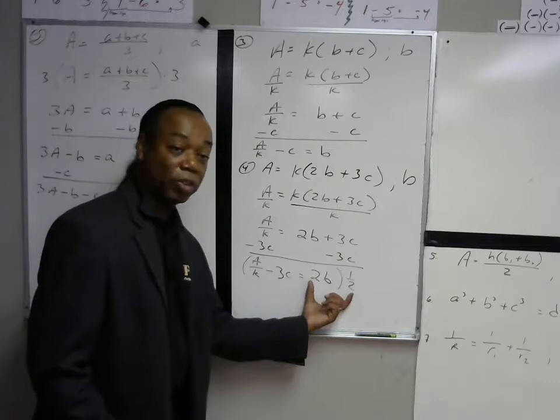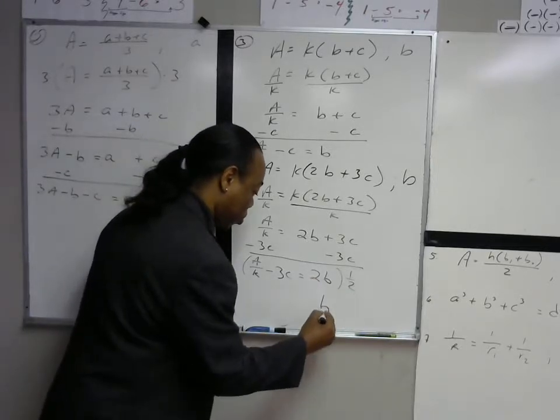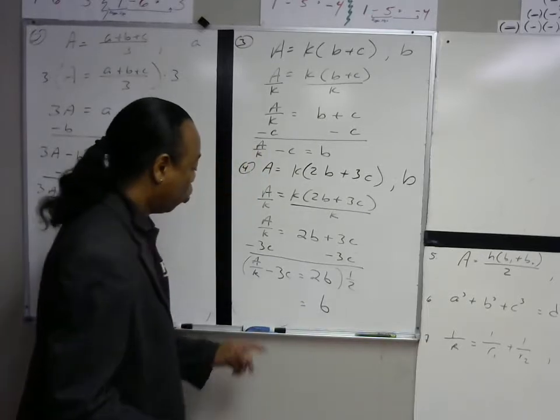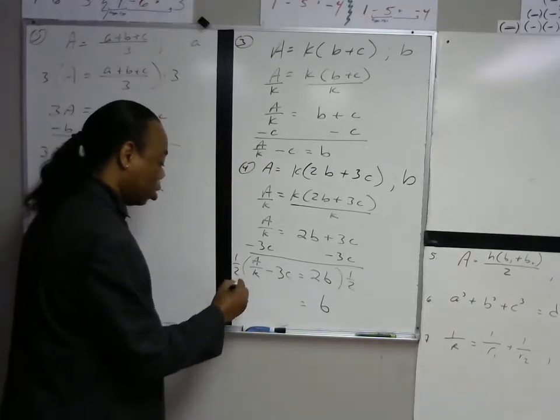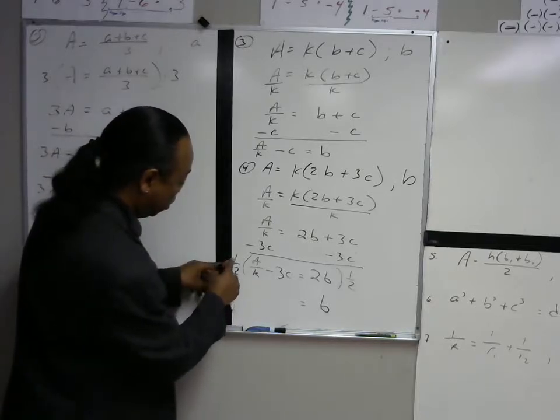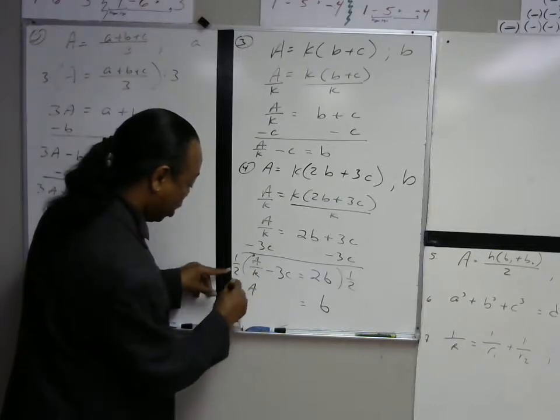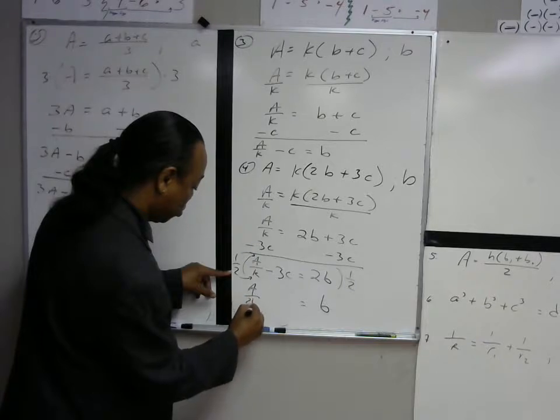And the 1 over 2 cancels, just like divided by 2, and we get the b. The 1 over 2 on this side actually distributes: 1 times a gives us a, and 2 times k gives us 2k.